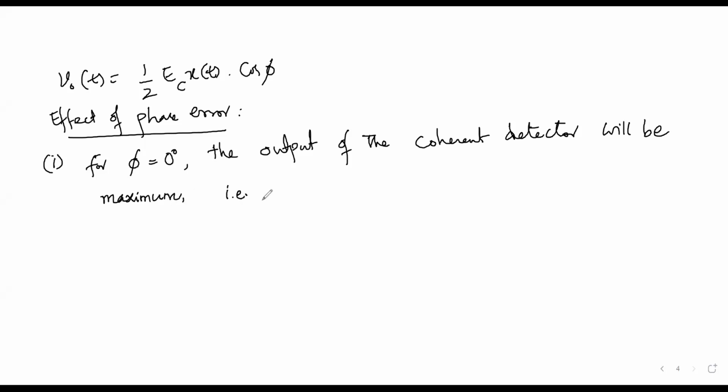So that is V naught of t equal to 1 by 2 EC x of t, where this is the scaling factor.